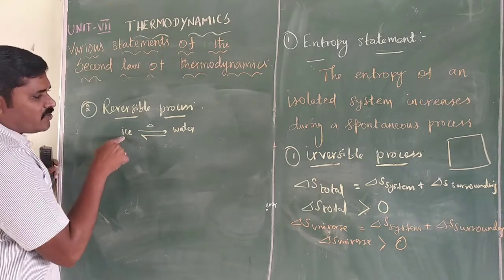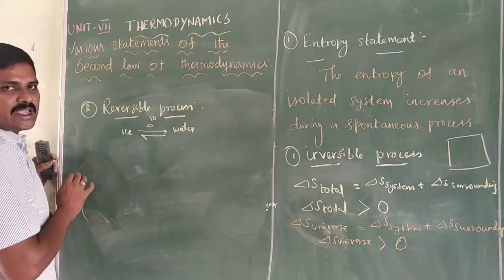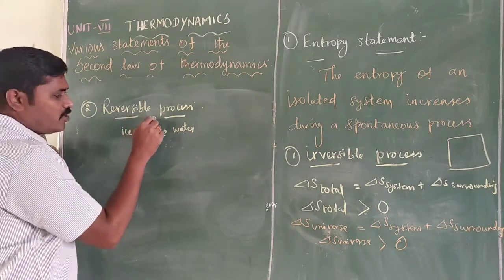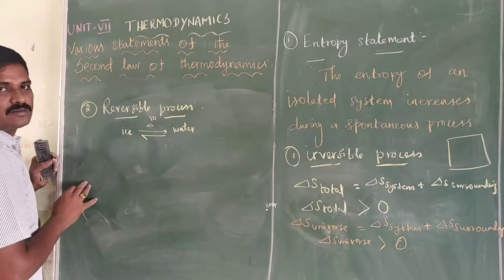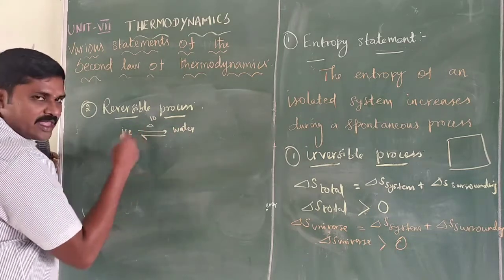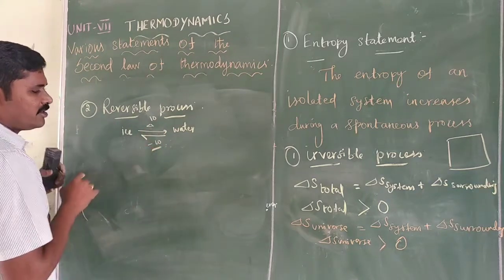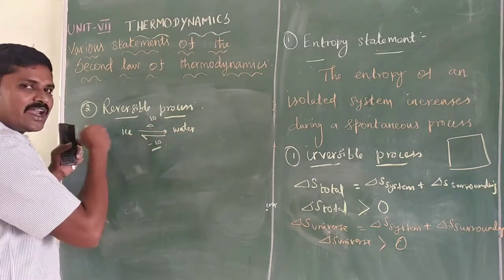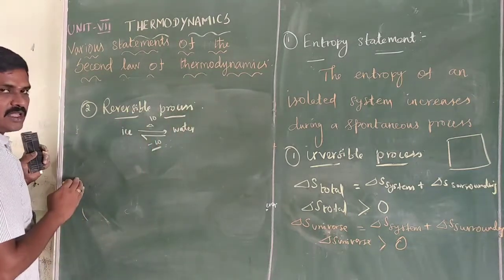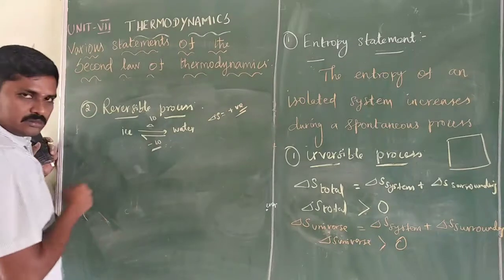When ice is converted into water, the entropy change is, for example, 10. Water converted into ice, in the reversible process, gives the same entropy change, minus 10. Ice to water, the randomness increases, so the del S value is positive.